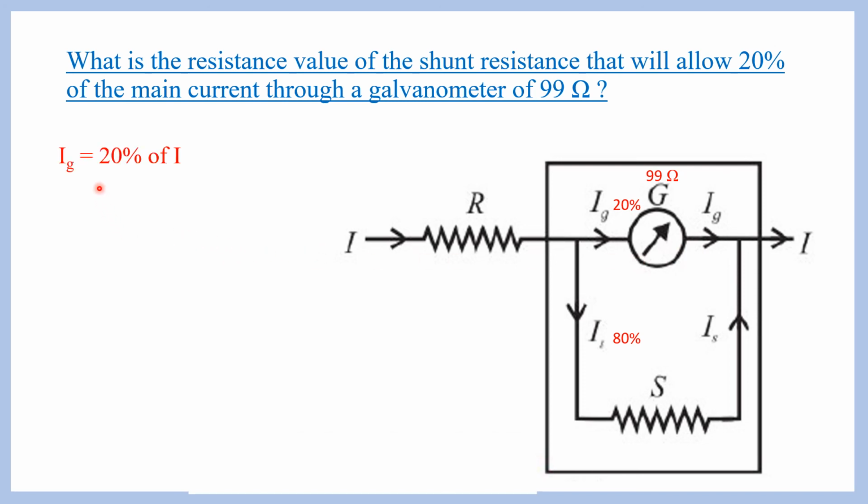So we will try to solve this. You know that Ig is only 20% of I, which means that 80% is passing through the shunt.